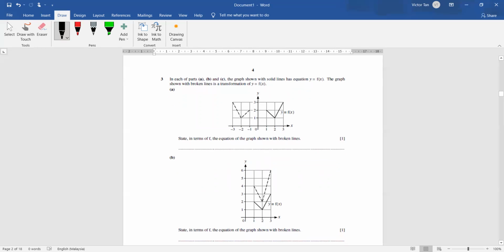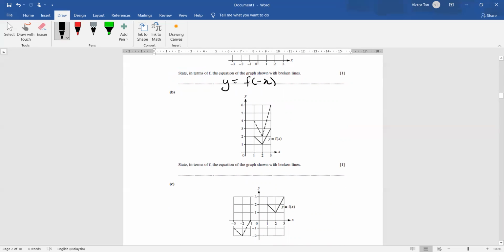So this is a reflection on the y-axis. So y equals f of minus x.